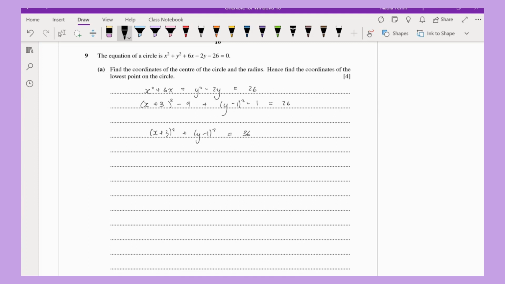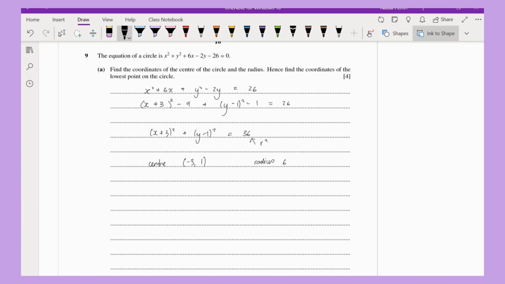So we get 36. So you can see that the center is going to be at -3, 1, and that the radius is going to be 6, because remember this represents r squared, and these are in brackets, so we change the sign.